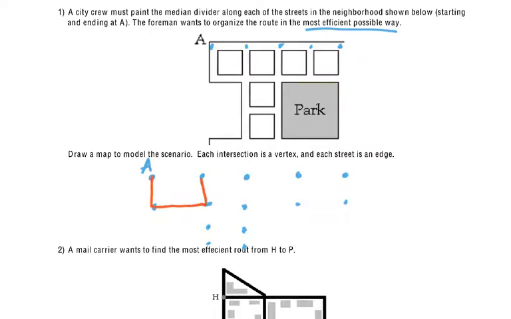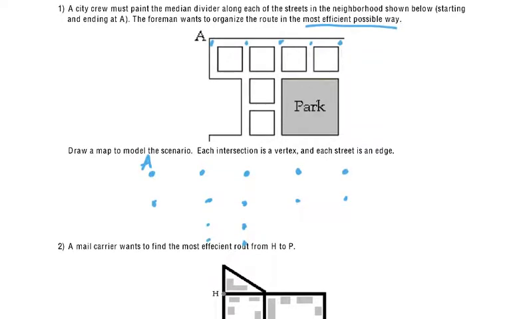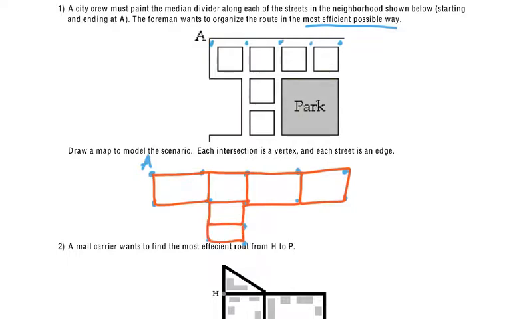Because if I do what I just did and then continue on to over here, I'm going to have to backtrack somewhere to get this spot right there. So thinking about this is actually a lot more difficult than you would think. Now, the basic graph of this would just be the connecting of each of these intersections, correct? But if you were to follow these lines in order to go from one place to another without backtracking, it might be impossible.